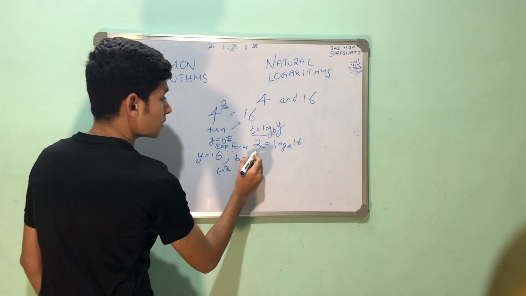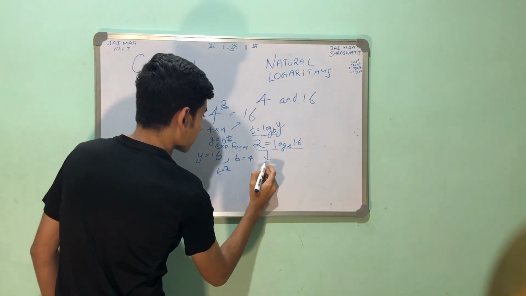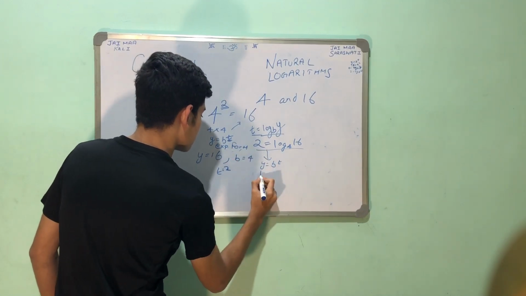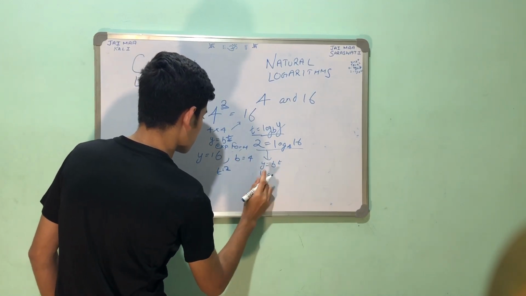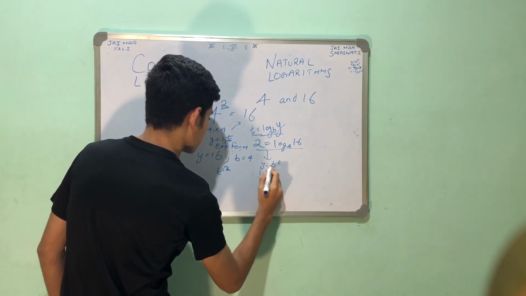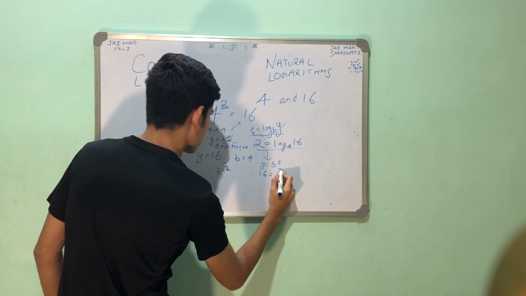We can confirm the same by the converse, which says y equal to b to the power t. y is 16, b is 4 and t is 2.